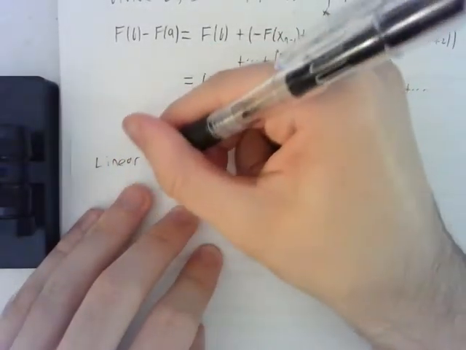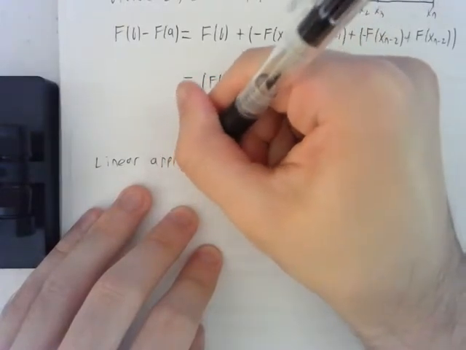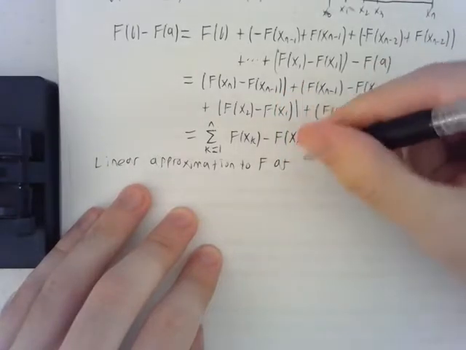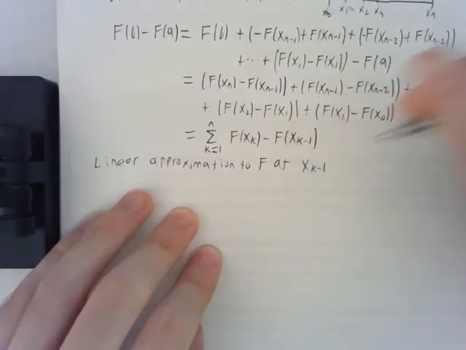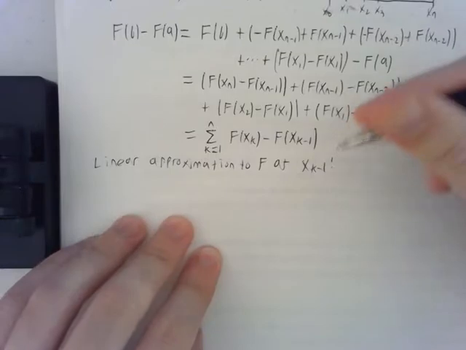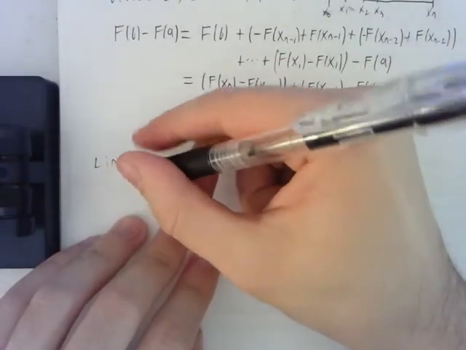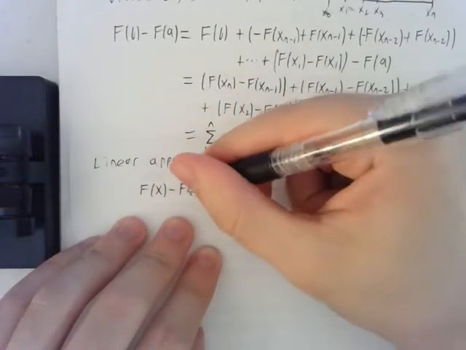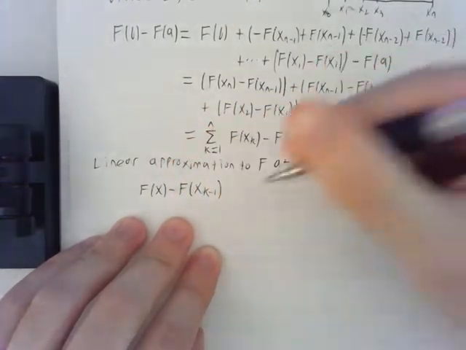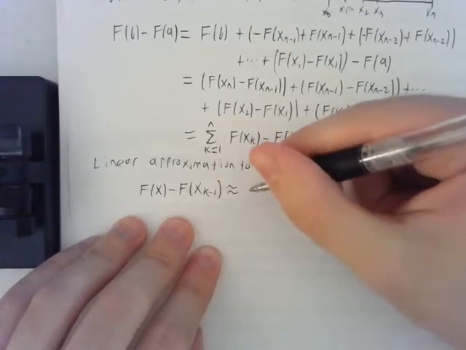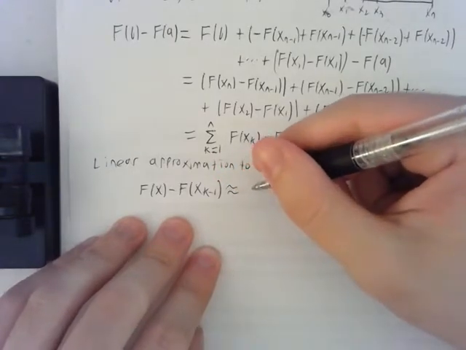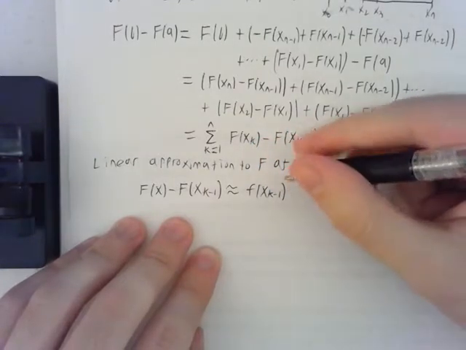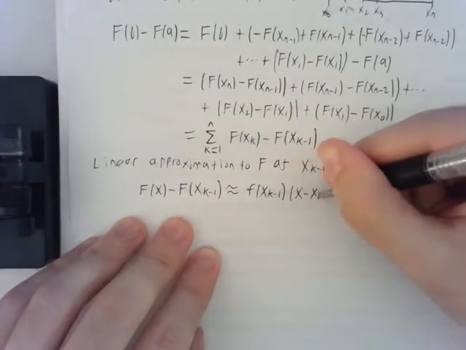If we do a linear approximation to F at x sub k minus 1, then we'll get that F of x minus F of x sub k minus 1 is approximately equal to F prime, which is little f, of x sub k minus 1 times x minus x sub k minus 1.